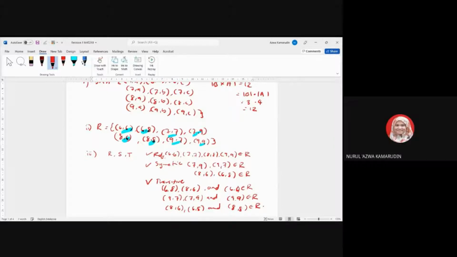Okay, so determine whether it is equivalence relation. So it is equivalence relation.